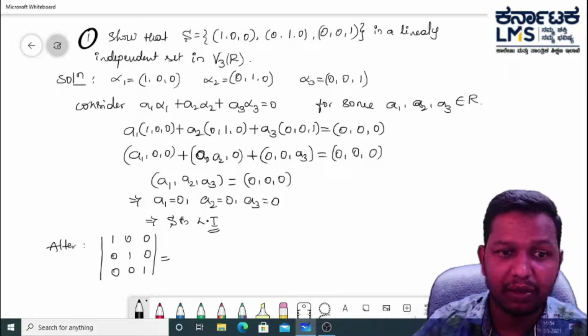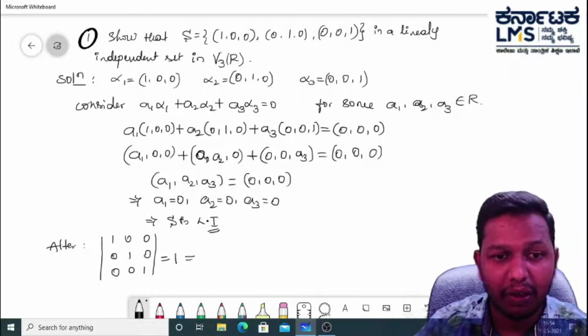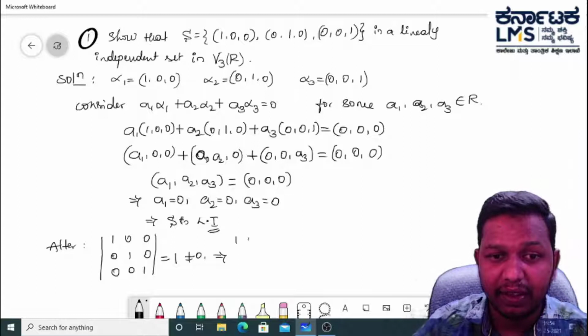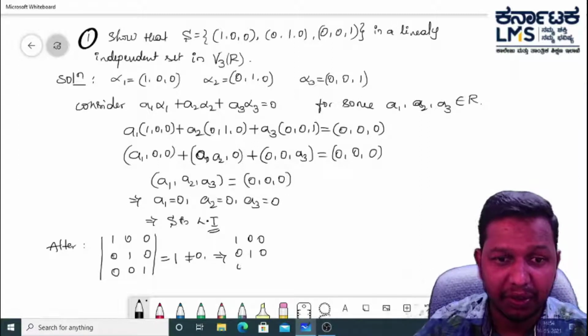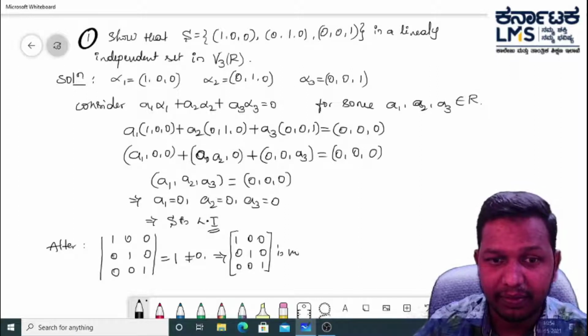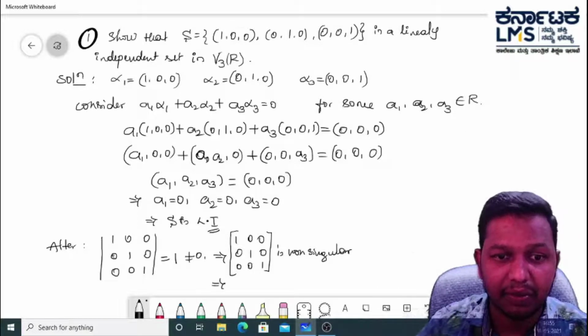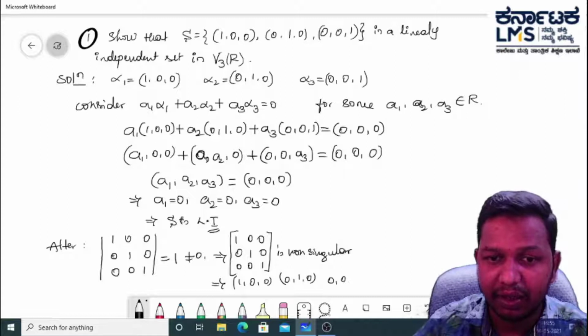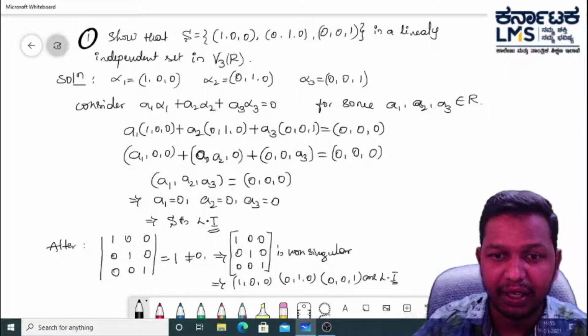The determinant value clearly equals 1, which is not equal to 0, which implies that the above matrix, that is 1 0 0, 0 1 0, 0 0 1, is non-singular, which implies that 1 comma 0 comma 0, 0 comma 1 comma 0 and 0 comma 0 comma 1 are linearly independent.